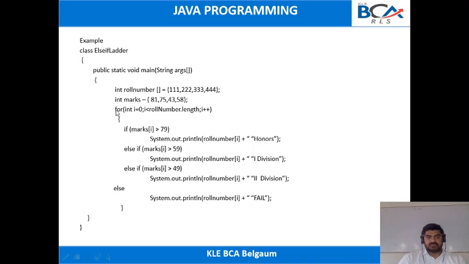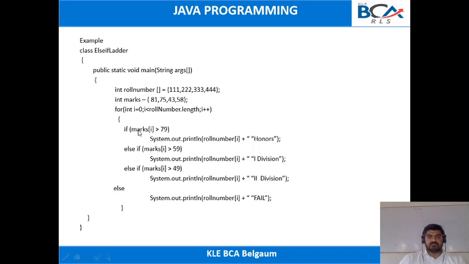First we use a for loop, for i equal to 0, i less than rollNumber.length. Here rollNumber is the name of an array, so length will give the size of the array. Next we included if marks[i] greater than 79.